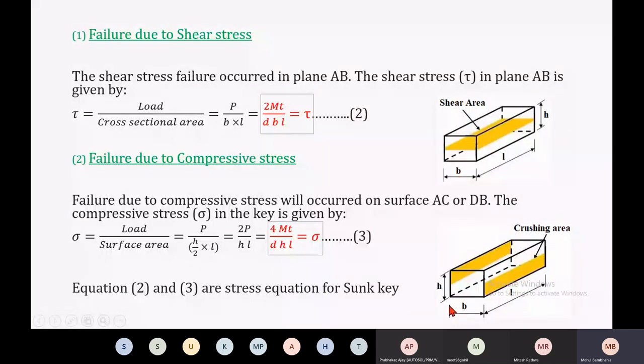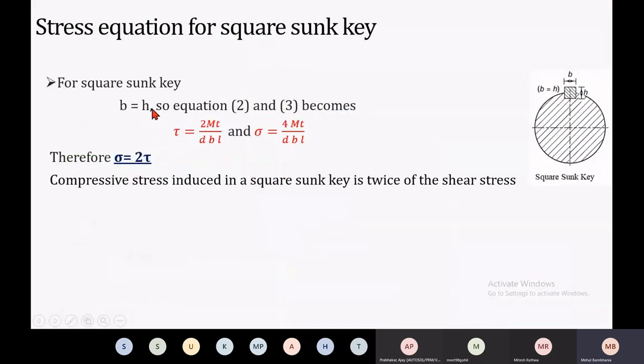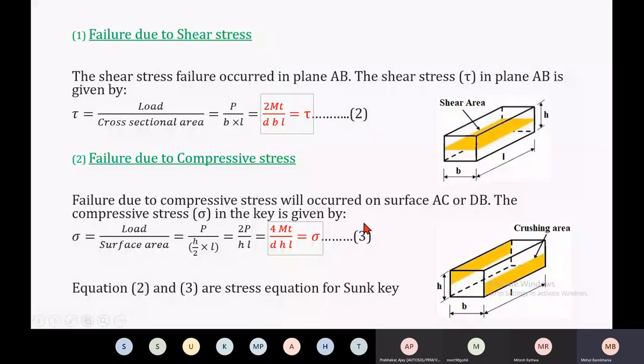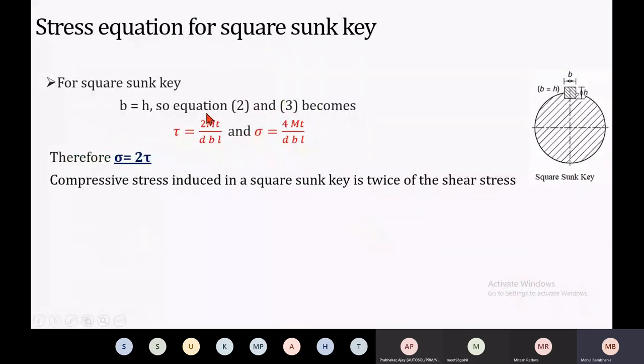Why is it rectangular? Because it has a breadth b and a height h. If this breadth b and height h are equal, then it is referred to as a square key, a square sunk key. So the above equations number 2 and 3 are converted into this form when you put b equal to h. For the square type of sunk key, tau, the shear stress, is 2Mt by dBL, and the compressive stress is equal to 4Mt by dBL.